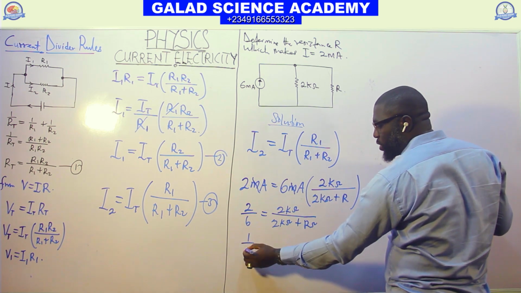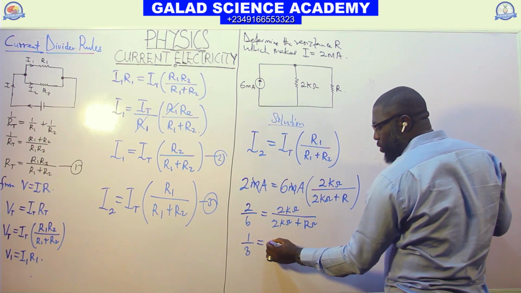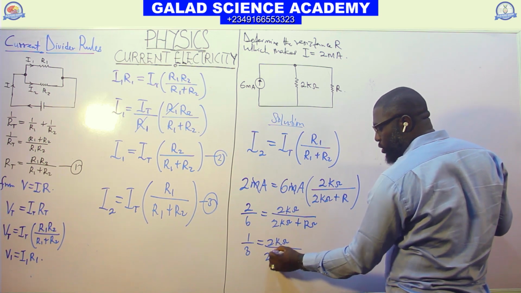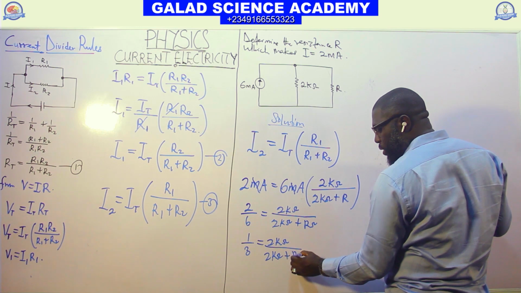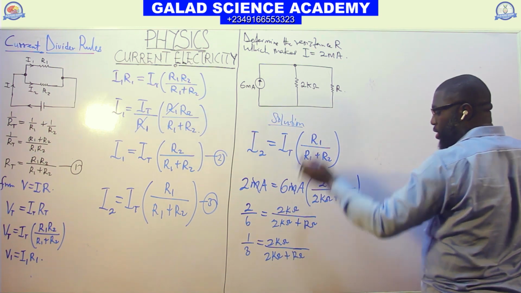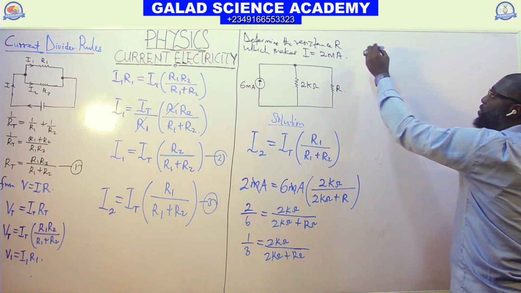So here we have 1 over 3 equal to 2k ohms over 2k ohms plus R ohms. Easy. Cross multiply.